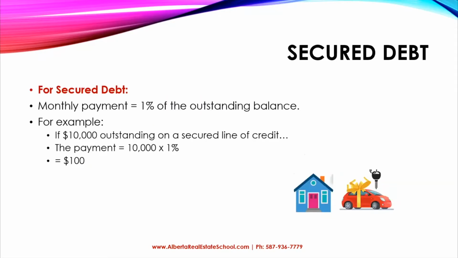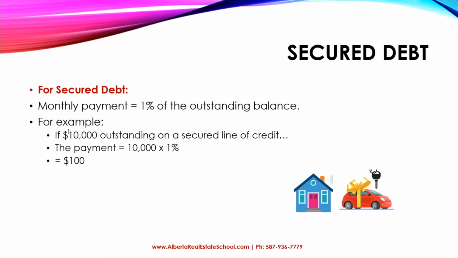So first of all, let's take a look at secured debt. For secured debt, the monthly payment will be 1% of the outstanding debt. So whatever their outstanding balance is on that loan, we are going to use 1% of that outstanding balance to calculate our monthly payment.